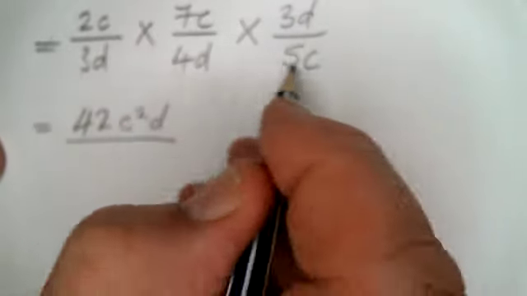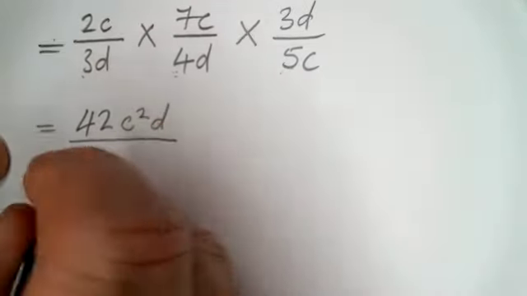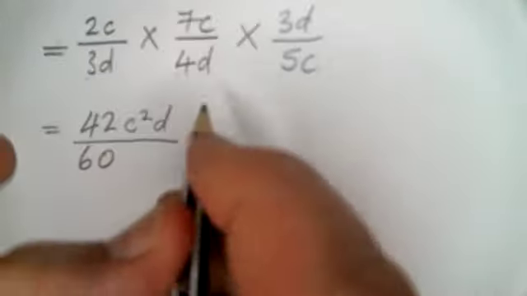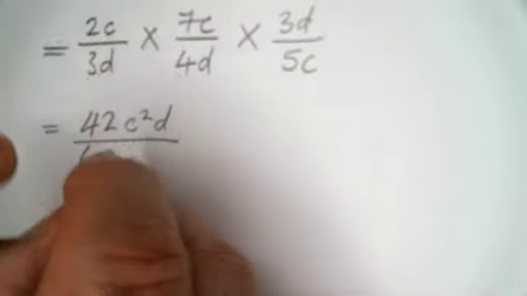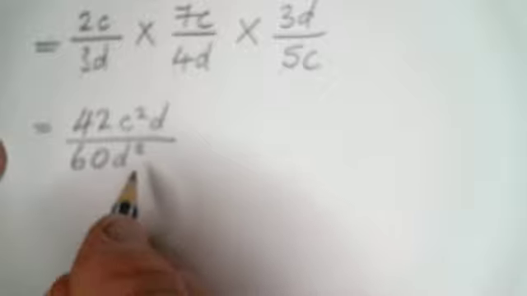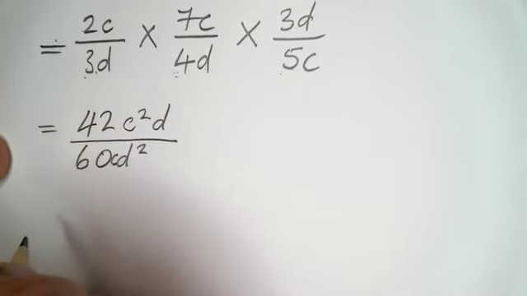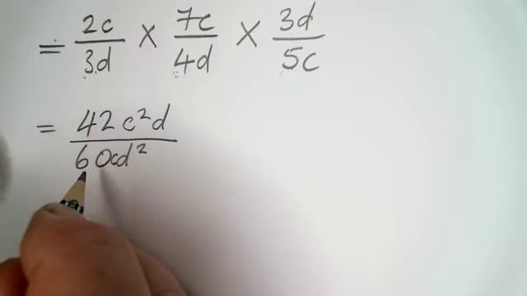Well, 5 fours are 20, and 3 20s is going to be 60. Now we've got a d times a d, which is a d squared, and we've got a c. Now technically, of course, we should sneak that c in before, because we're doing these in alphabetical order. So it's not very tidy, but you get the idea.